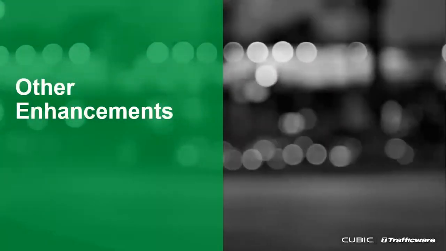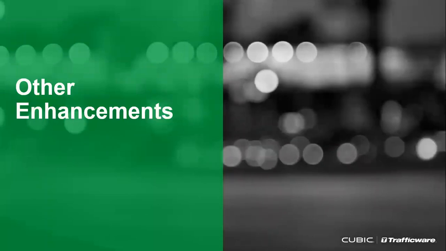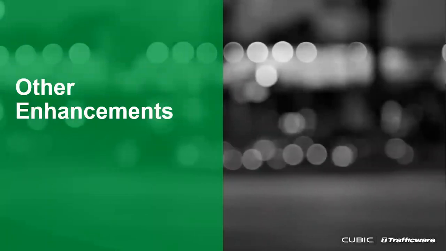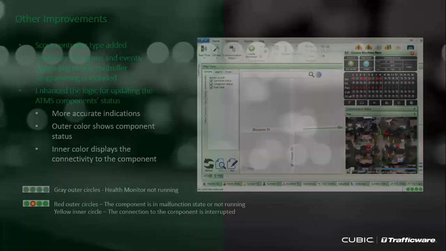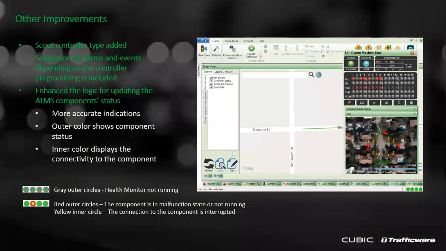And there are a couple of other enhancements I wanted to bring up. Those are: a Scout is added as a controller type in ATMS. Also, there is a separation of alarms and events depending on the controller programming, which means depending on what the permanent file shows.